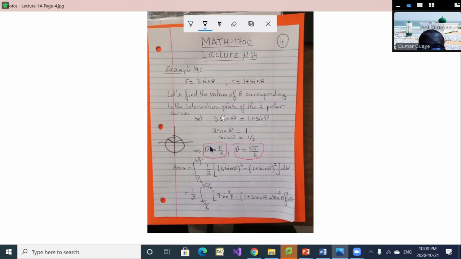So the greater function is going to return the greater value. So that's exactly what I did here. I just took pi by 2 and plugged it in the two equations. The first one is going to give us 3, and the second one is going to give us 2. That's why I know this is going to be the greater function. Is it okay? Yeah. All right.